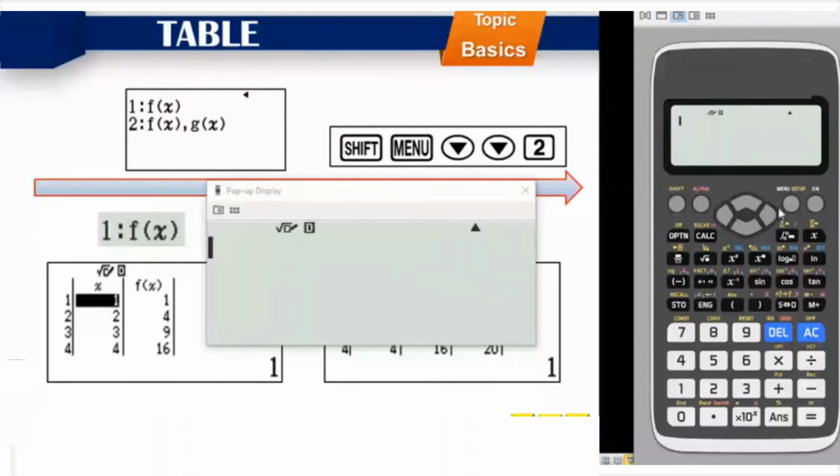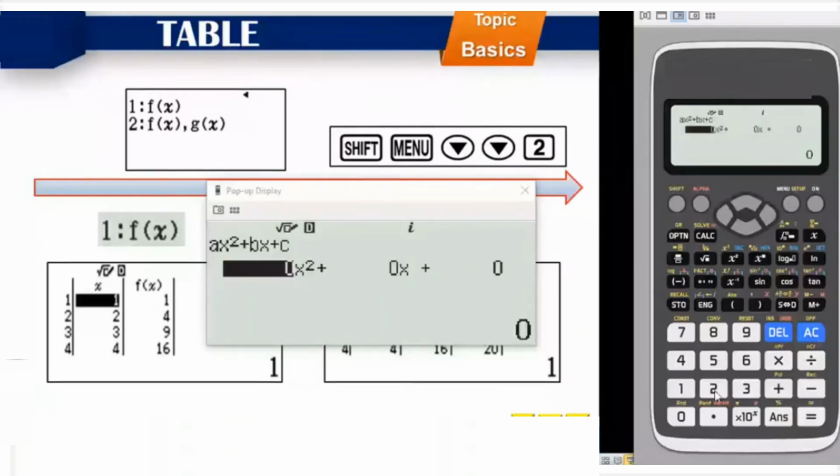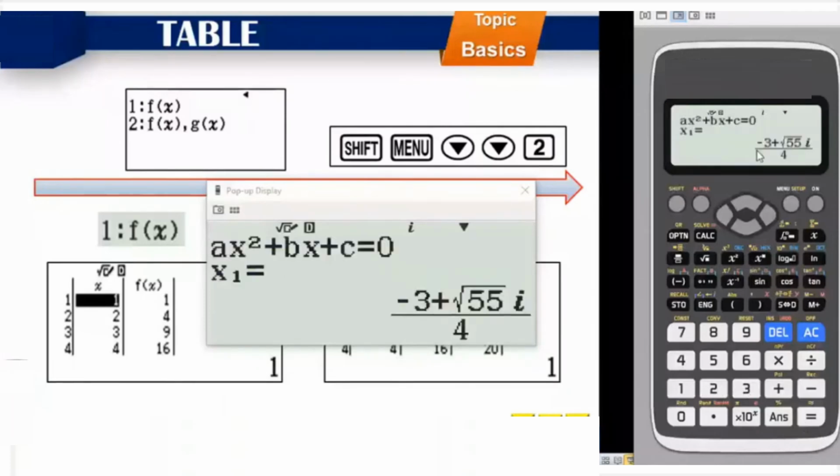Let's say menu A, it's a polynomial and it's a quadratic equation. So let's say 2x square plus 3x plus 8 is equal to 0. And now please look at the fact that the answer is minus 3 plus under root 55 iota upon 4.